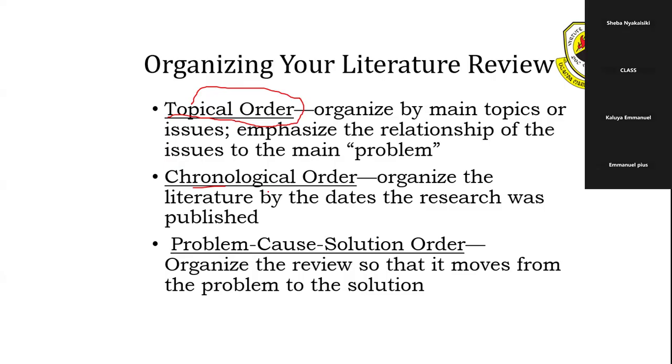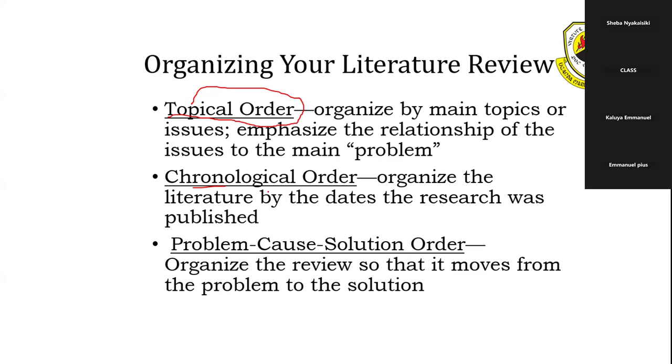So, for example, if in 2025 you're looking at that topic, your literature review on effects on users should be between 2020 and 2025, 2021, 2022, that kind of thing. The latest research that has been done.